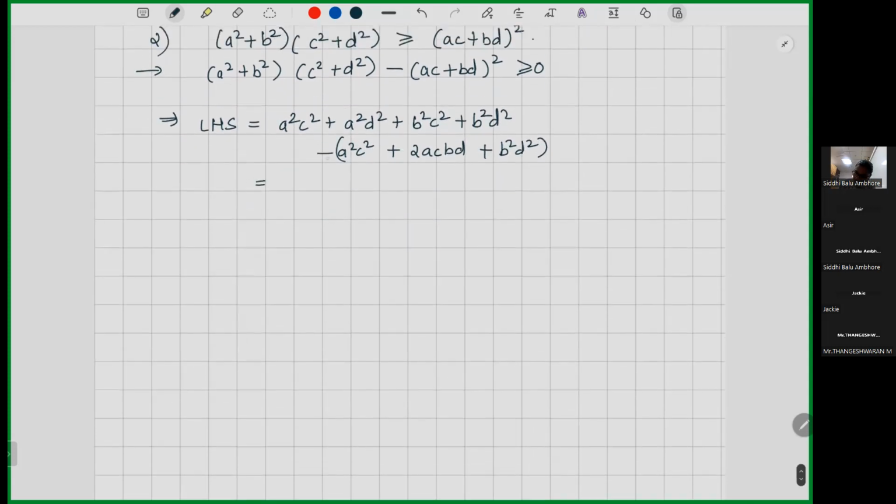And AC and BD terms get cancelled, and we are left with A square D square minus 2ACBD plus B square C square, right?